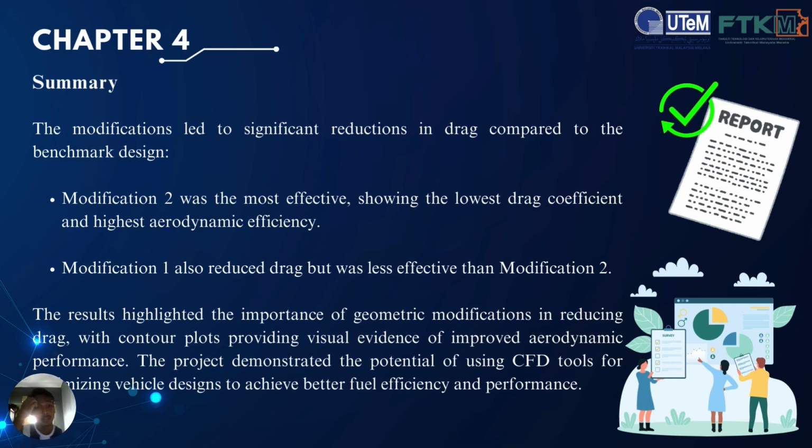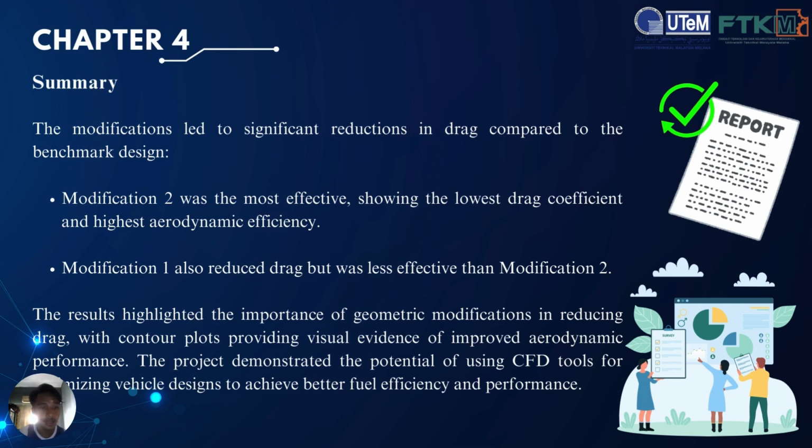And then for the summary of the result, the modifications led to significant reductions in drag compared to the benchmark design. Firstly, modification 2 was the most effective, showing the lowest drag coefficient and highest aerodynamic efficiency. Number 2, modification 1 also reduced drag but was less effective than modification 2.